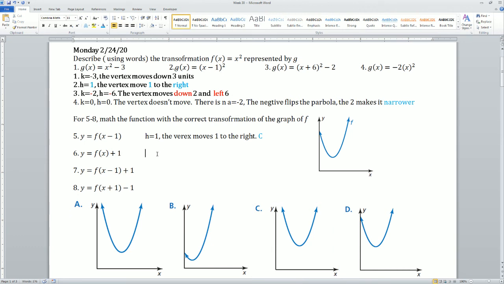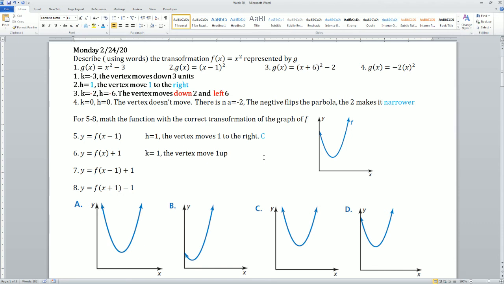This one, k is equal to 1. That means the vertex moves 1 up. Which one looks like it moved 1 up?